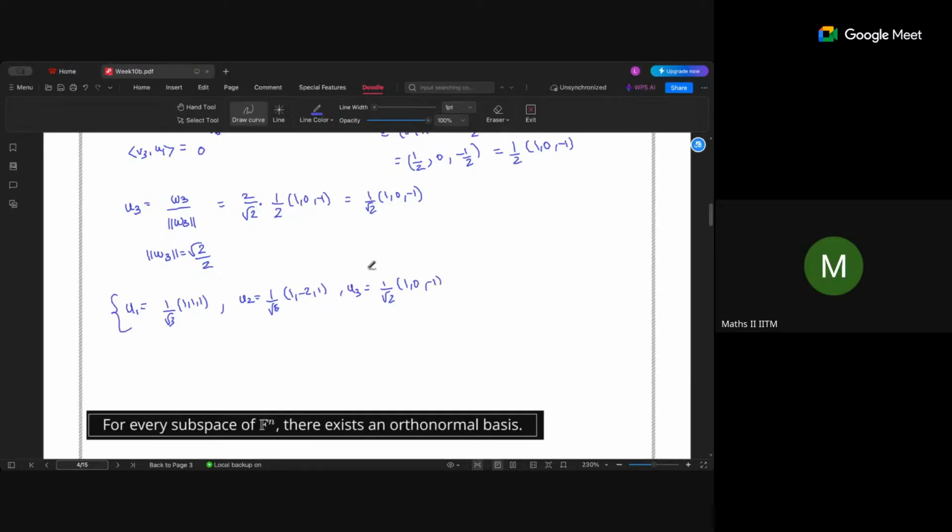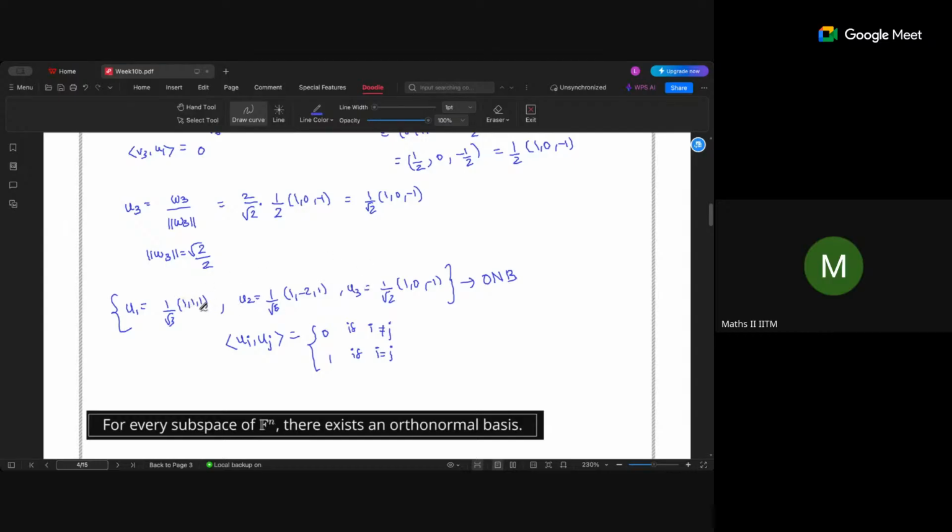You can also verify that each of their norm is 1 and inner product of Ui and Uj is 0. So what do we know? Ui Uj is equal to 0 if i not equal to j and is equal to 1 if i equal to j. You can verify this straight away. This first one is very straightforward: 1 minus 2 plus 1, 0.